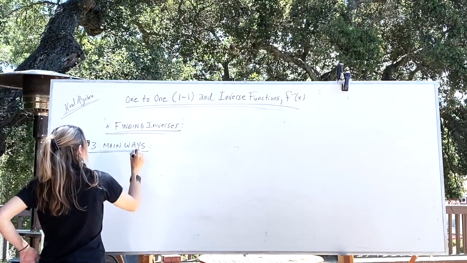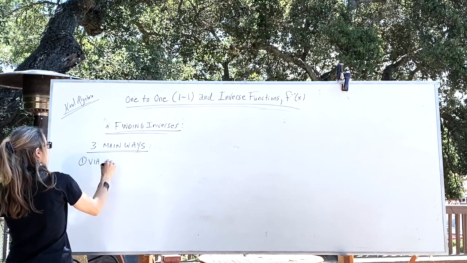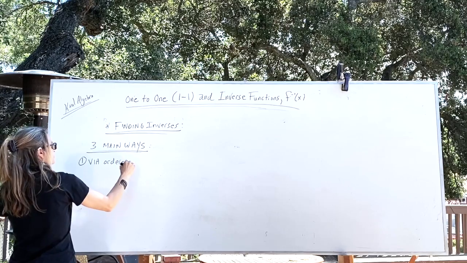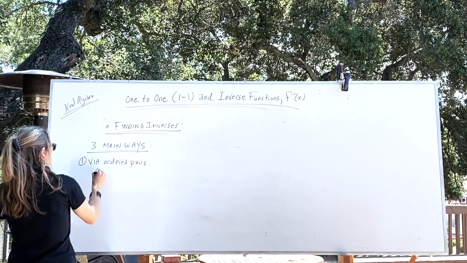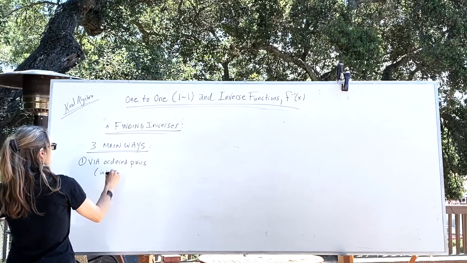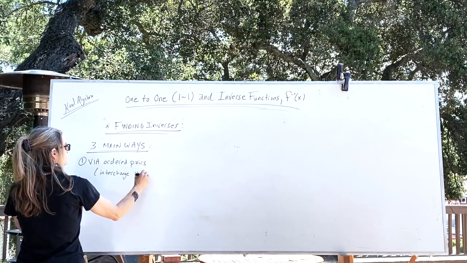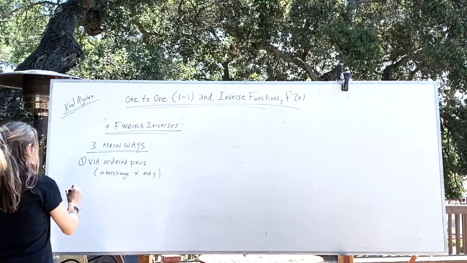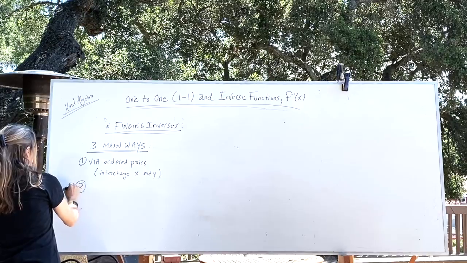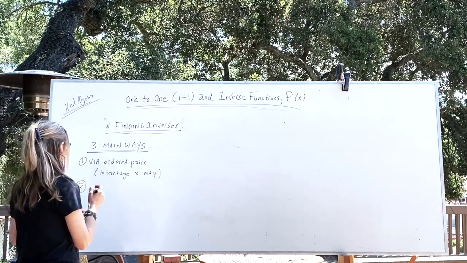Three main ways. Number one is via ordered pairs. What you do is you interchange x and y. Number two is sort of a cumbersome way of doing it, but it's a great visual for understanding functions and their inverses.